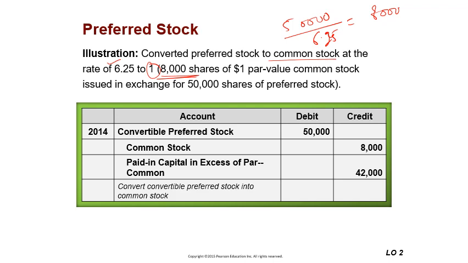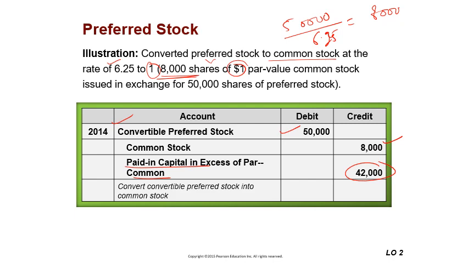So the entry would be reversed. Because this is convertible, after some time it is converted, then we reverse the entry for convertible preferred stock, because preferred stock decrease means equity decrease, which means debit. So we delete this account preferred stock: preferred stock 50,000 debit. We issued common stock, which is par 1, so common stock 8,000 multiplied by 1 par value is 8,000, and the rest is the premium or paid in excess of par, 4,200.